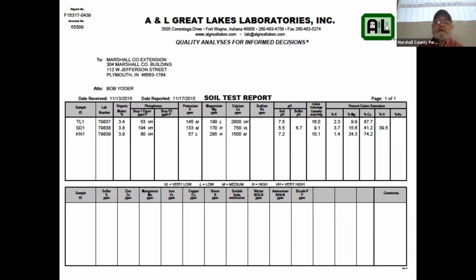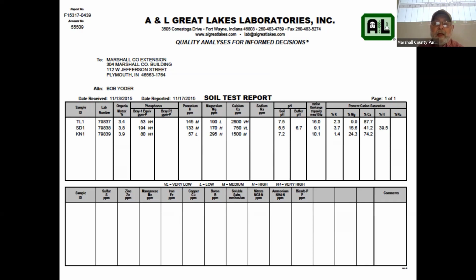The one way that we tend to fertilize our soils with magnesium is through dolomitic limestone. But if you look at the pH off to the right, the one that's low in magnesium has a pH of 7.5. So we're not going to supplement it that way with dolomitic limestone because the pH is already very high.